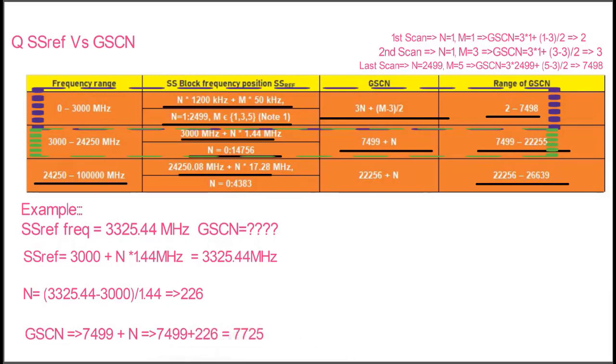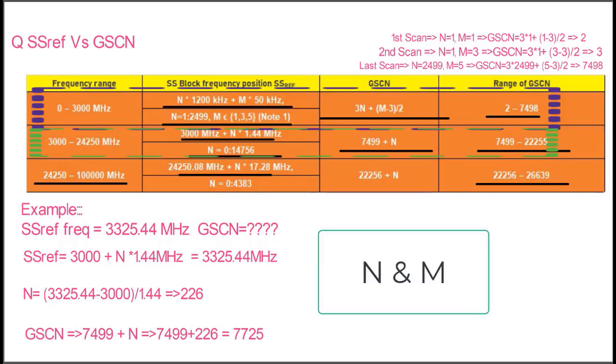So this is the GSCN for the SS reference frequency 3325.44 megahertz.